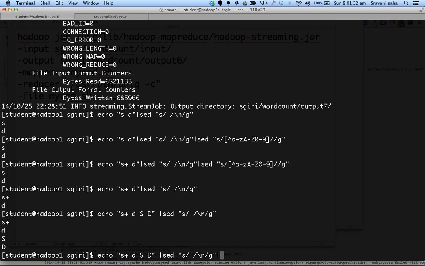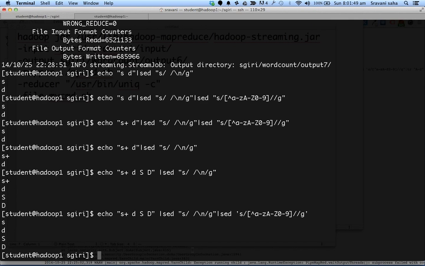Now the next step is you sanitize anything which is non-alphanumeric. This is the command; for the time being, you can assume that this command exists. Basically, we are replacing anything which is not alphanumeric with nothing.